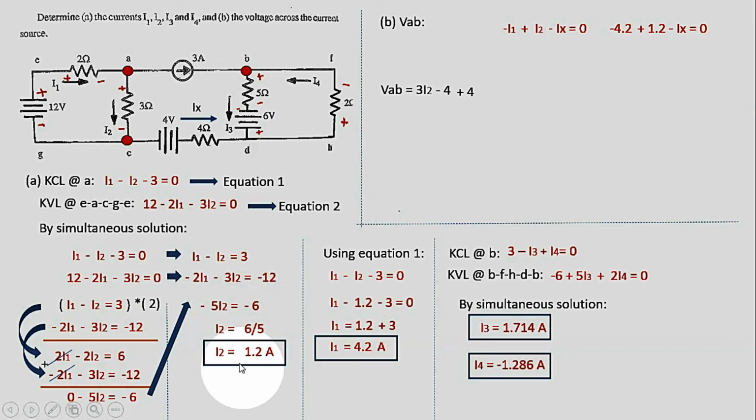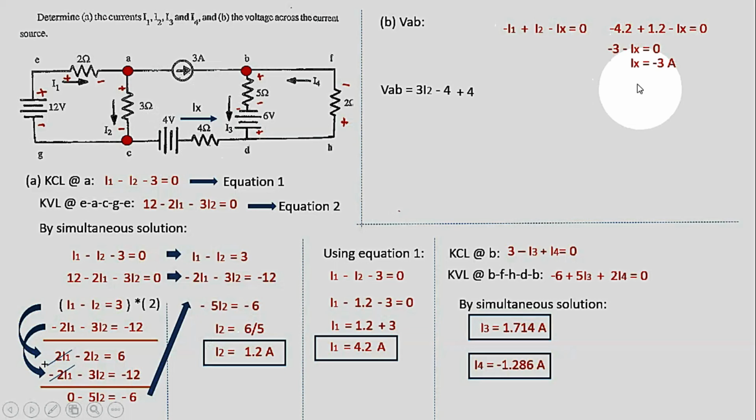And I sub 2 is 1.2, so this is plus I sub 2, which is 1.2 minus Ix. So it is simply negative 4.2 plus 1.2, which is negative 3. So negative 3 minus Ix, or Ix is equal to negative 3. So this negative 3 amperes is the Ix value.